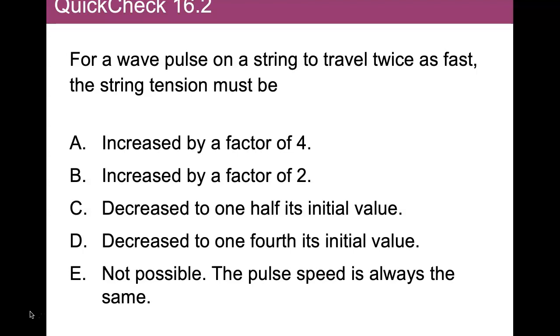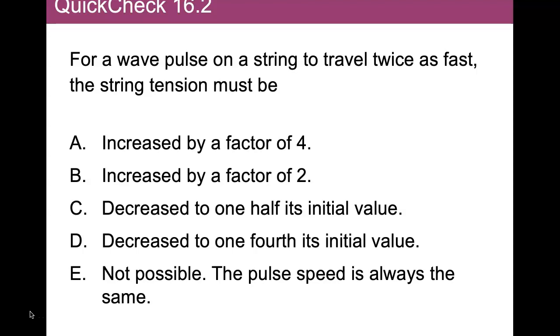All right, here's another one. Again, pause the video and try to find the correct answer. Okay, so what does it say? We have this wave on a string that travels twice as fast. In order to make a wave on a string travel twice as fast, what should we do to the string tension?